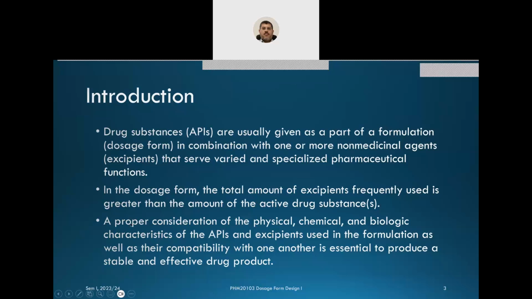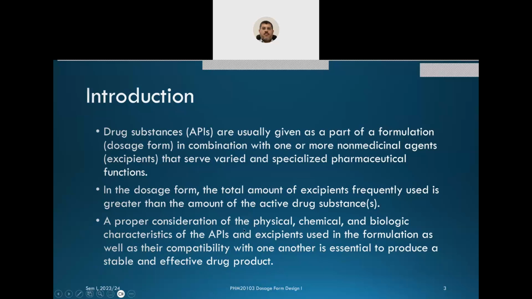When we design the dosage form, usually we should have a proper consideration of the physical, chemical, and biological characteristics of the APIs and excipients used in the formulation, as well as their compatibility with one another. And this is essential to produce a stable and effective drug product. Okay?